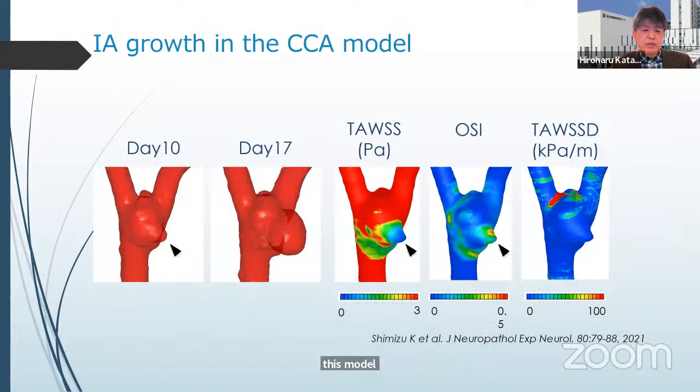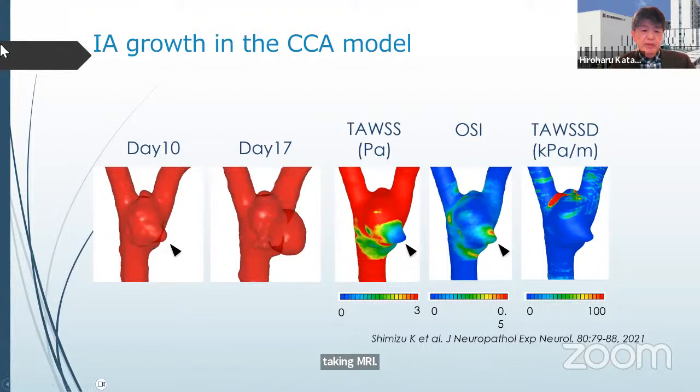One advantage of this model is that we can see which part of the aneurysm will grow in the future by taking MRI serially with the animal alive.